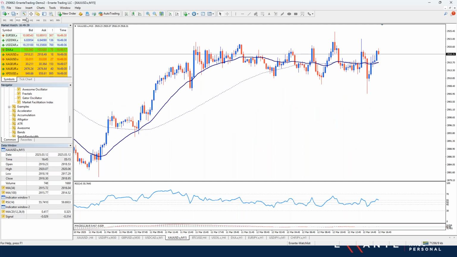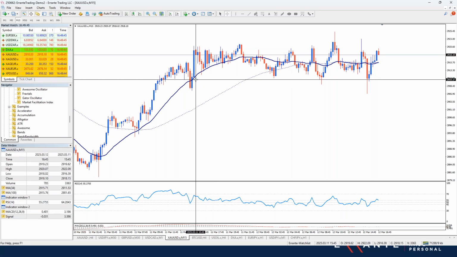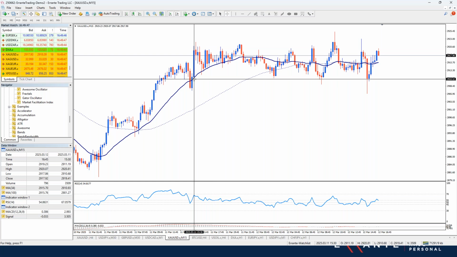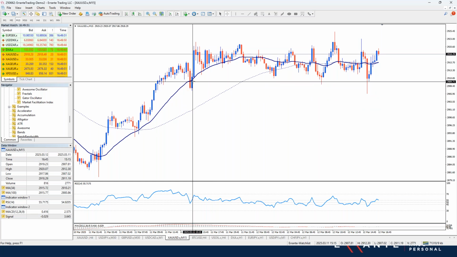first of all, you see how the market is range-bound between 2921 and this lowest level at 2900, let's say, or 2909.